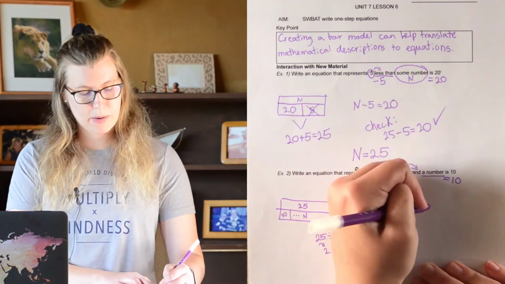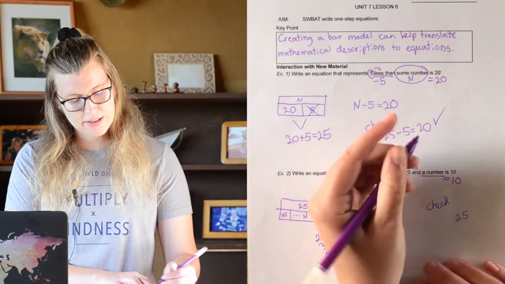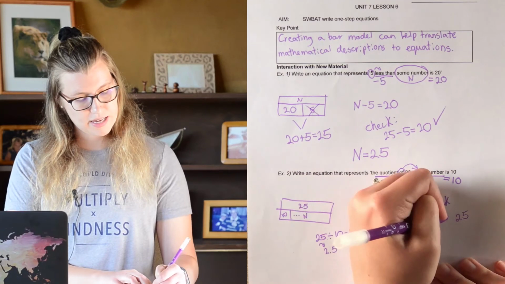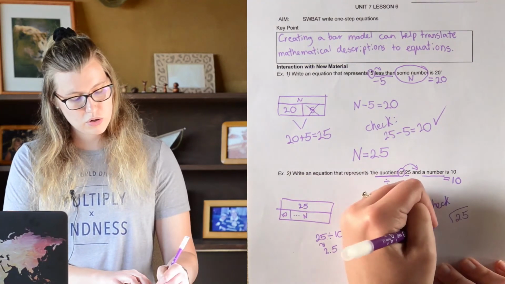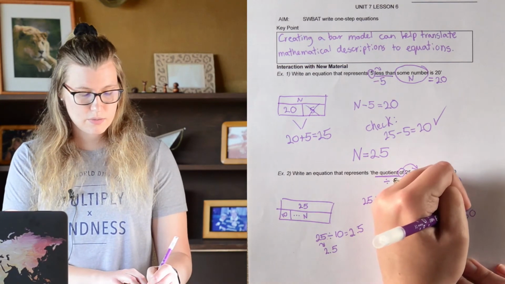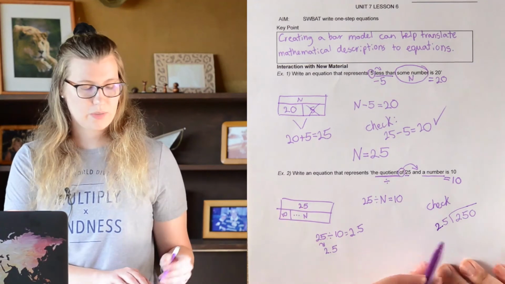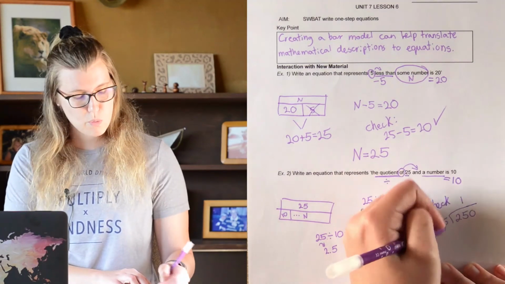Now let's check my work, see if I'm actually correct. 25 divided by 2.5. Oh, I don't want that decimal. What can I do? Shift it over. This would become 250, and this would just become 25. All right, how many times is 25 going to 25? Once.